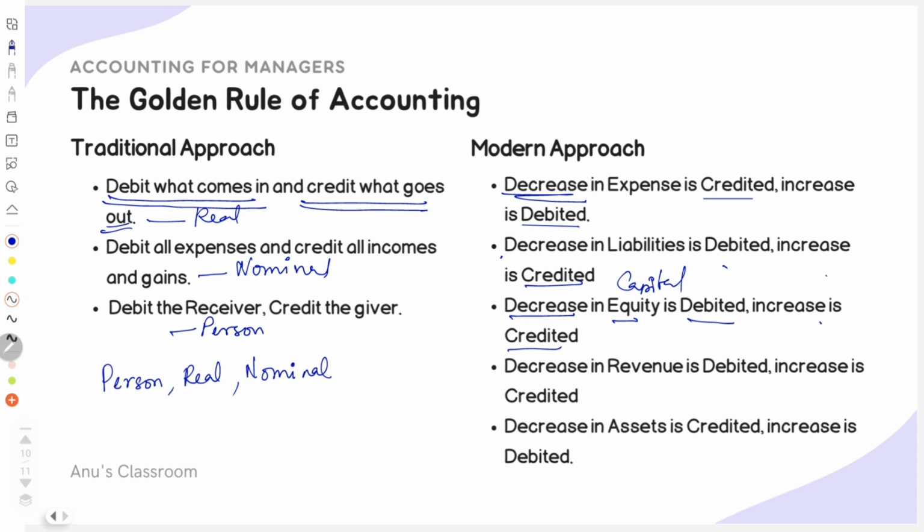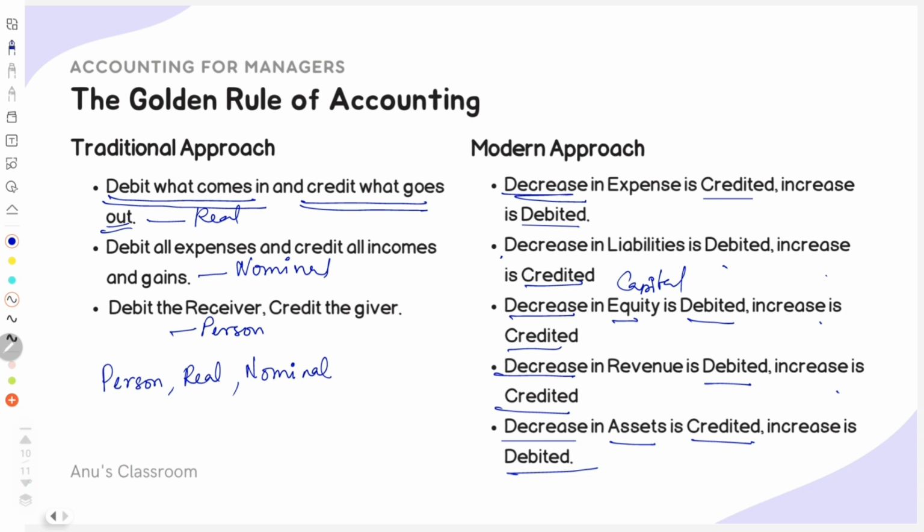If it is a revenue account and it is decreasing, debit it; increasing, credit it. If it is an asset and it is decreasing, credit it; if it is increasing, debit it. So these are the golden rules of accounting in the modern approach and the traditional approach. These 5 rules you have to learn by heart, no other way out. It is a bit confusing, I agree, but we have to.